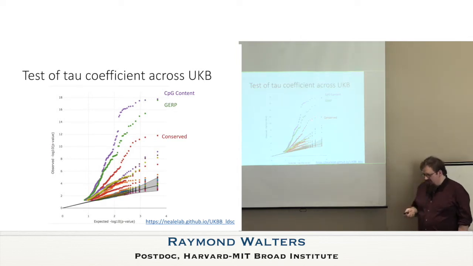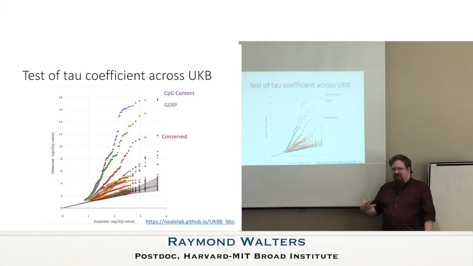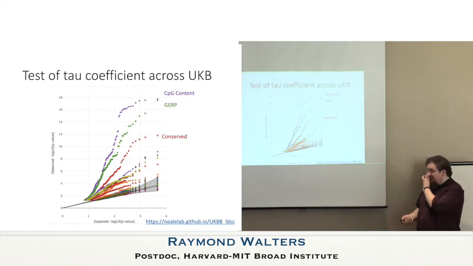So this figure is just to say that on average across traits, we see the strongest conservation related to things like CG content, and GERP is a predictive annotation of likelihood of functionality that pulls from different conservation metrics, among other things.